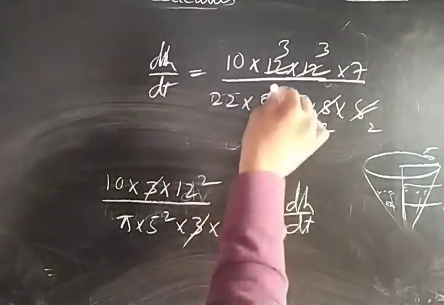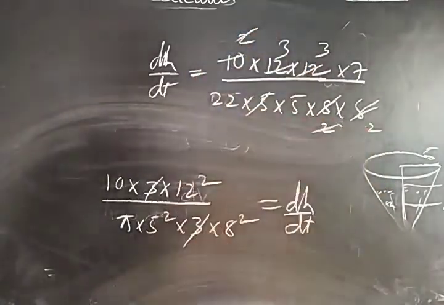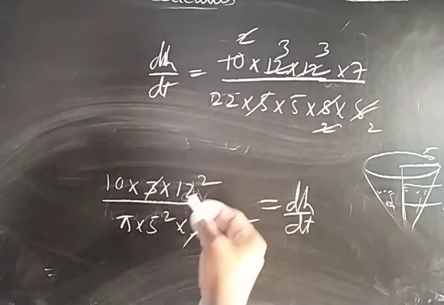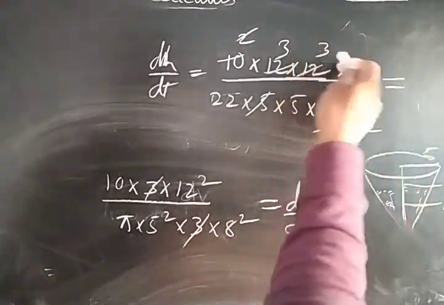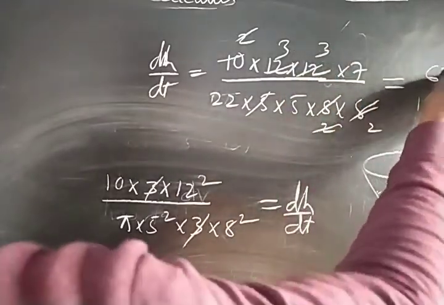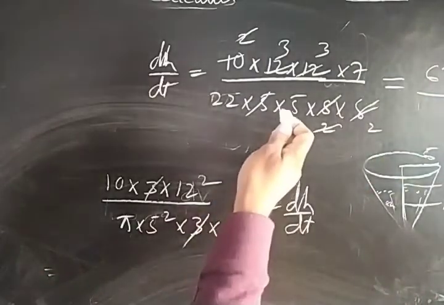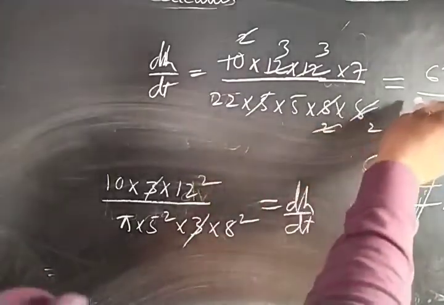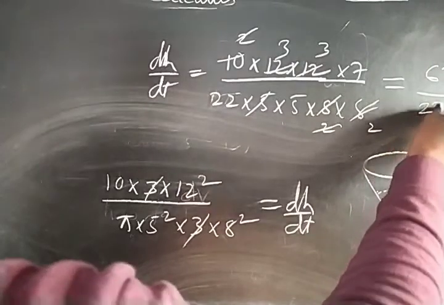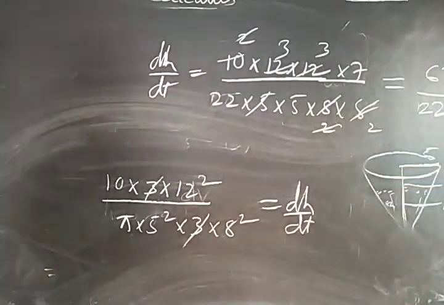Next 5 tens. 2 and 2 cancel. So that's all. Here 9 sevens are 63 by 5 tens, 10 tens, 20 twenty, 220.